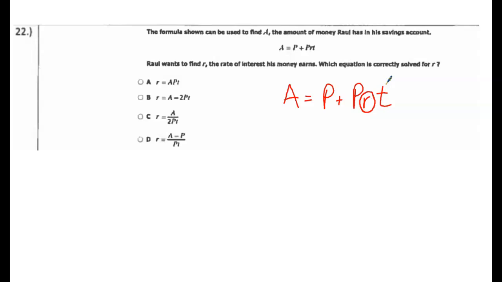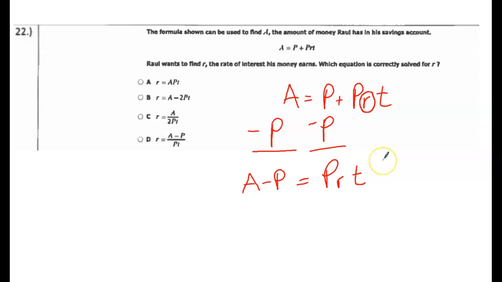So the first thing we need to do to get r by itself is move any other terms to the other side. So I'm going to start by subtracting P. On the left side, I have A minus P is equal to, well, P minus P is 0, so we're just left with P, lowercase r, and T.